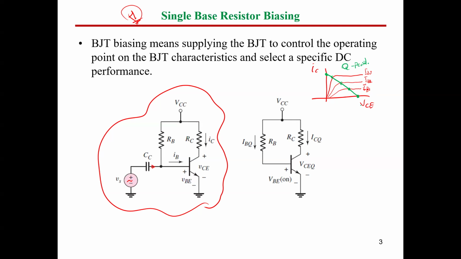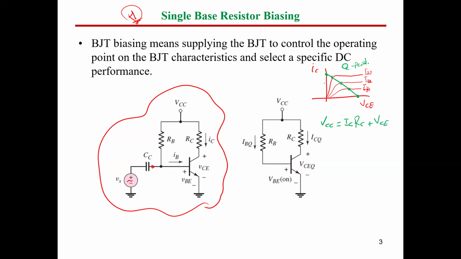We discussed also before the load line, just a quick revision. So if you make the circuit equation, the output circuit equation here, you have VCC equals I collector times R collector plus V collector to emitter.